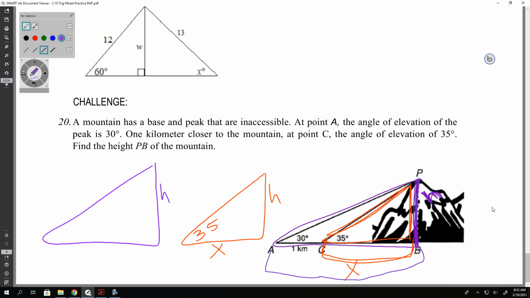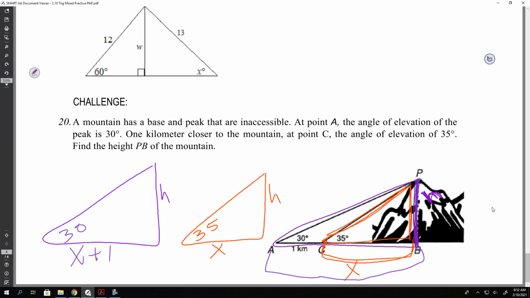So the base here is going to be X plus 1. And that equals 30. So now we've got those 2 triangles there. And y'all are going to have to do some fancy algebra and figure out the values of H and X. So it's going to be a system of equations.